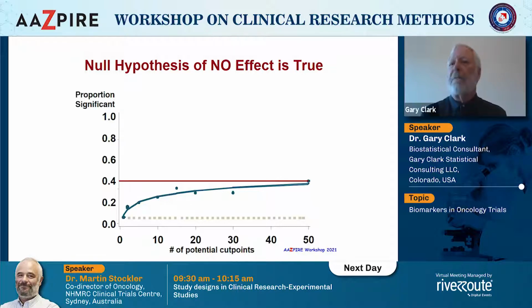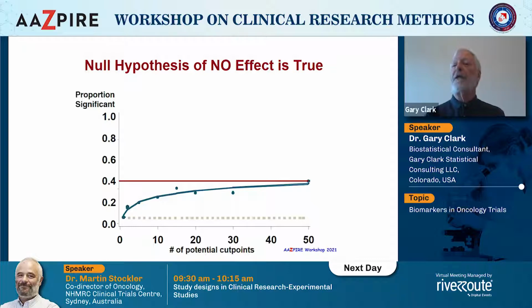Now, if there were 2 cut points, rather than finding a cut point only 5% of the time, it found one 10% of the time. So in other words, the false positive rate was doubled by simply asking 2 questions instead of asking 1.